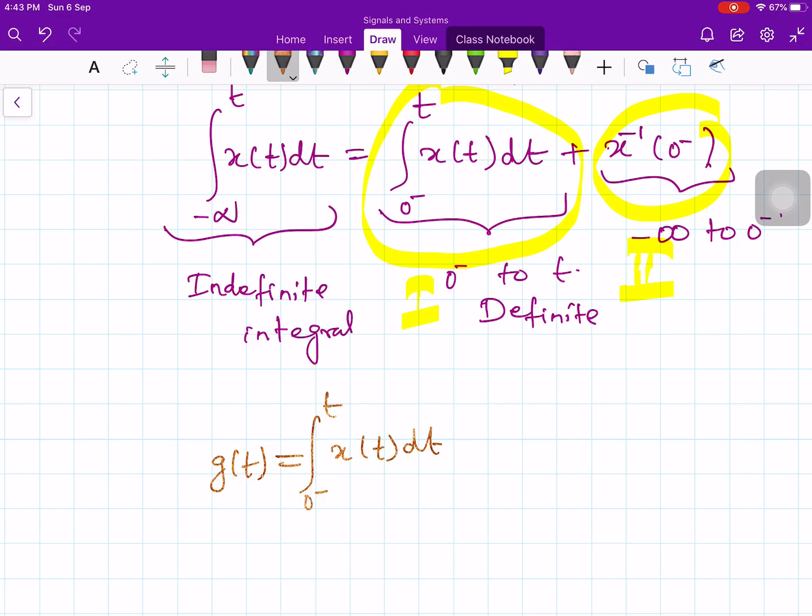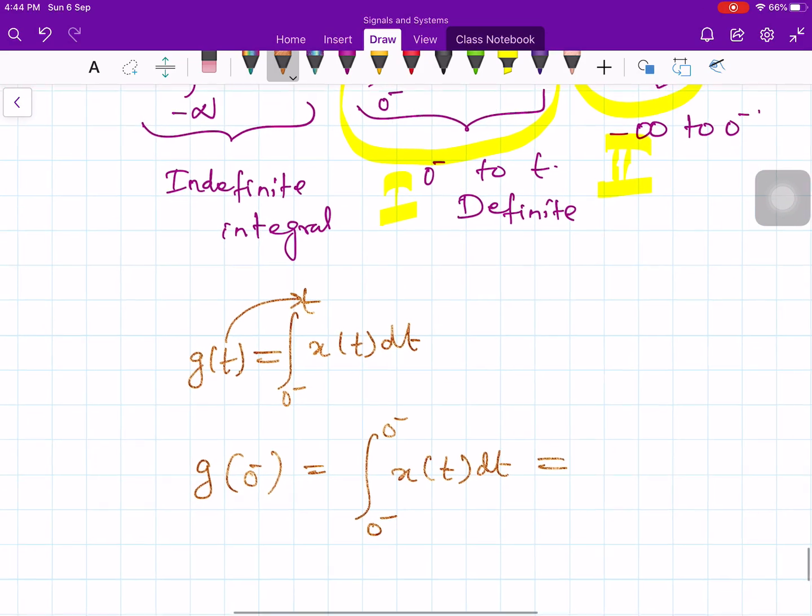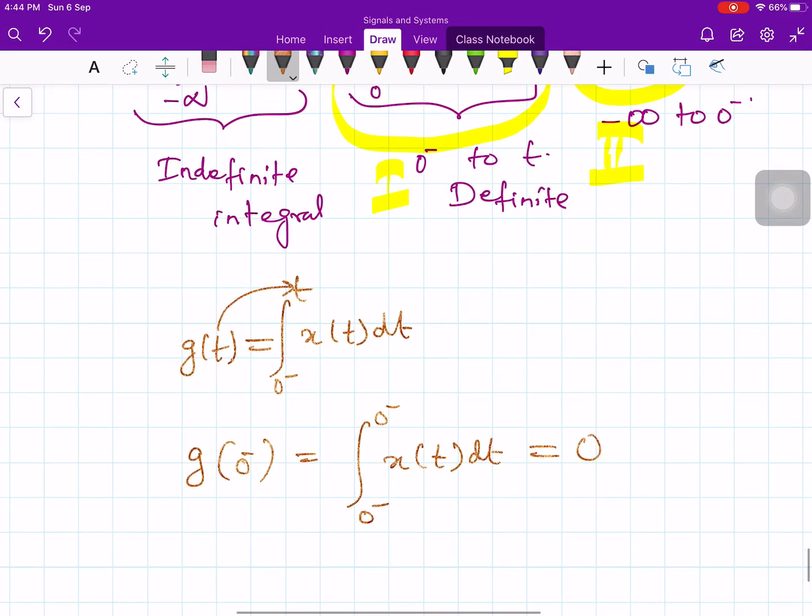What is g of 0 minus? If you put t equal to 0 minus, the upper limit is also 0 minus. What is this value? This value is going to be 0, because we are taking the integral between two limits that are the same, 0 minus to 0 minus. Therefore this is equal to 0.